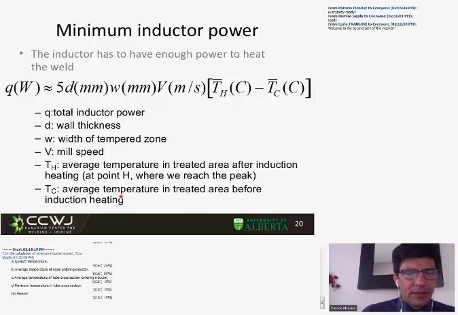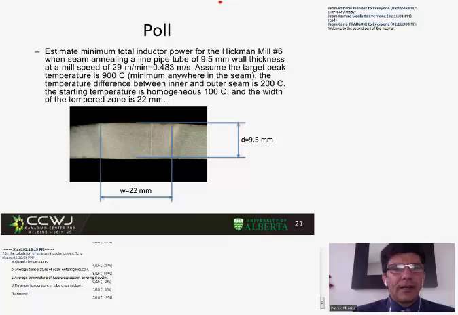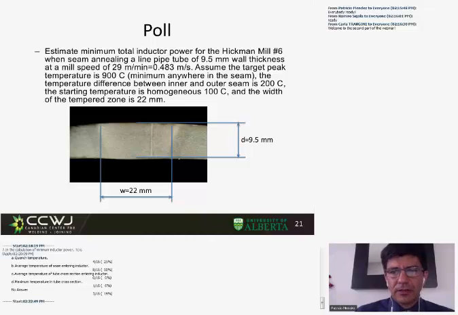Okay, so here we have the average temperature in the treated heat area. I'd like to ask you now a more quantitative question. These are questions we have discussed before, and these are questions that are in the final exam, right?